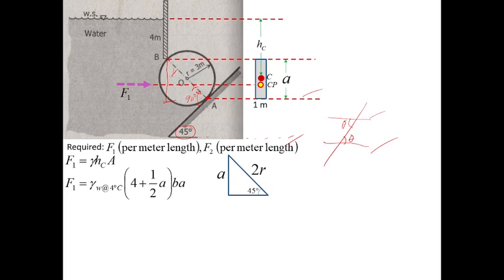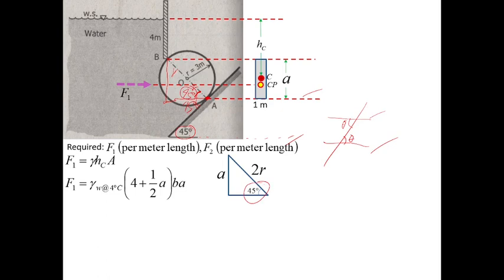Kung 90 degrees yon, ito ay 45. 45, 45. Therefore, yung remaining 45 degrees para maging yung total na 90 degrees. So, kaya naging 45 yun.